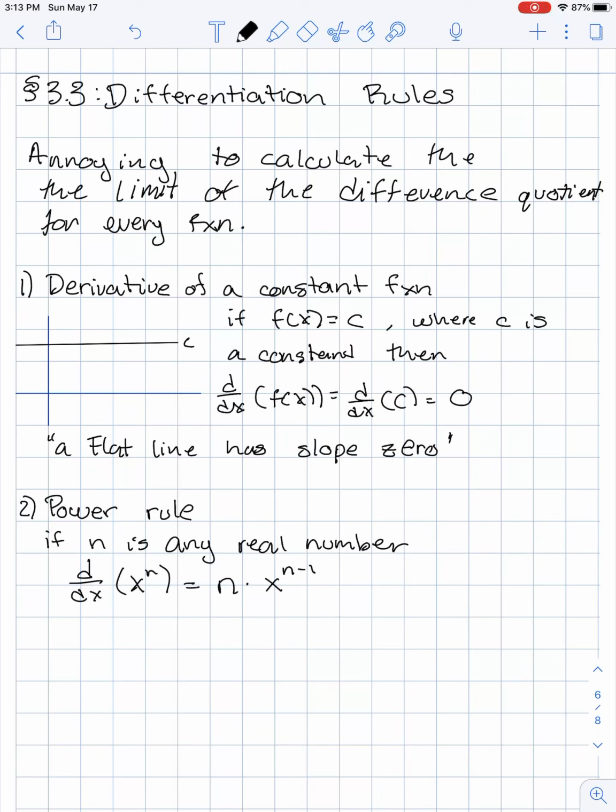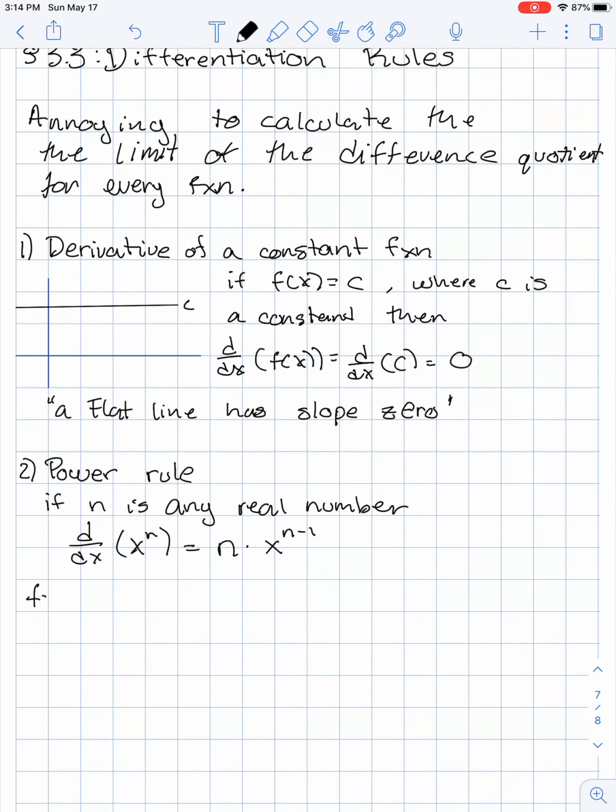So my exponent is going to come down up front and be a coefficient, and then I'm going to subtract 1 from the exponent, right? So this is also for all x where x to the n and x to the n minus 1 are defined.